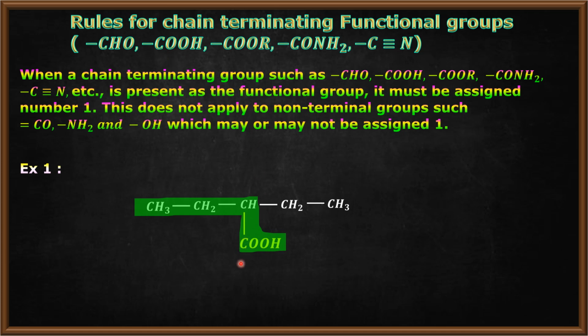At that time, the carbon atom in that functional group must be assigned serial number 1 while numbering that chain. So 1, 2, 3, 4. 4 carbon atoms are there in this. Okay. Naming of this organic compound will be given later in this video only.